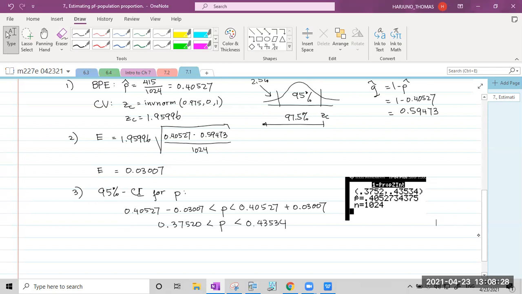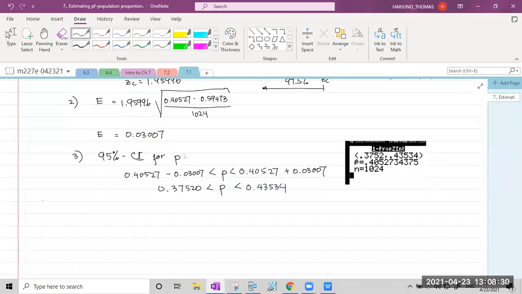Okay. Last topic: minimum sample size issue.